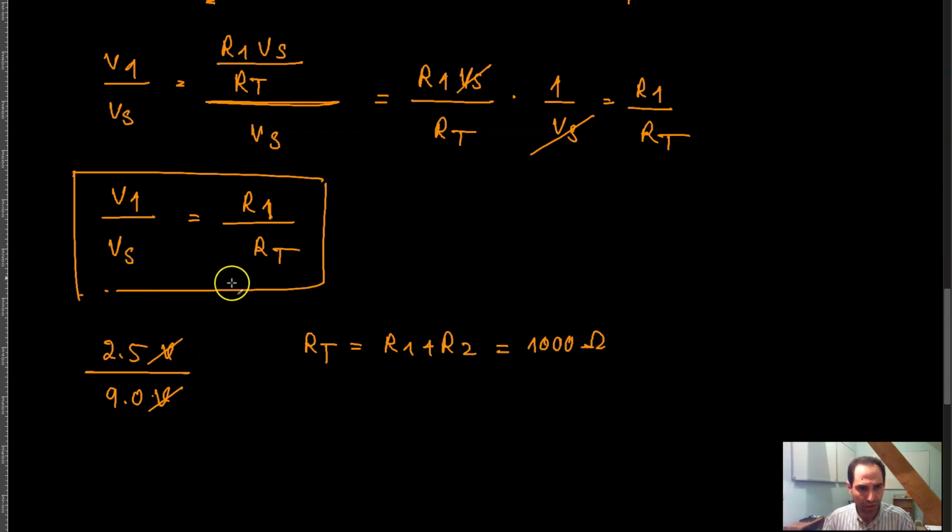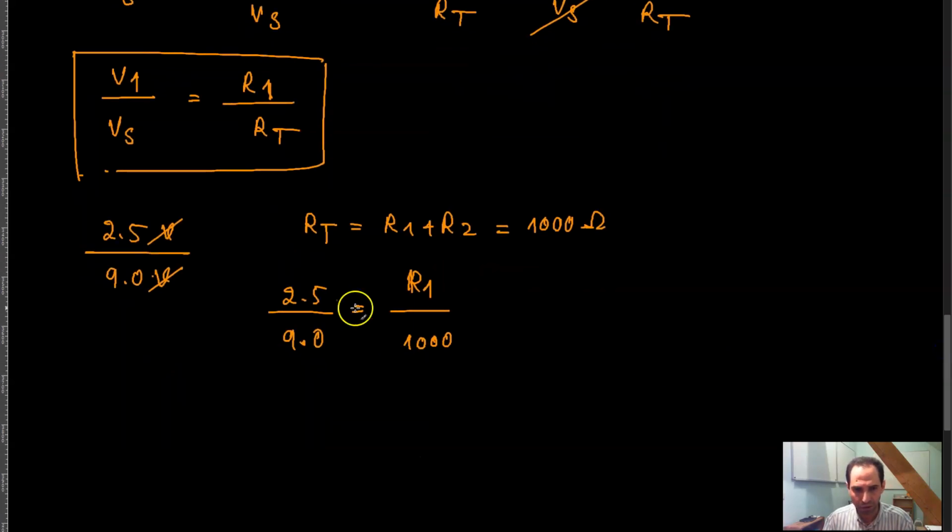So based on this relationship, 2.5 divided by 9.0 is equal to R1 over R of T. We took R of T as 1000 ohms, and you can cross multiply.